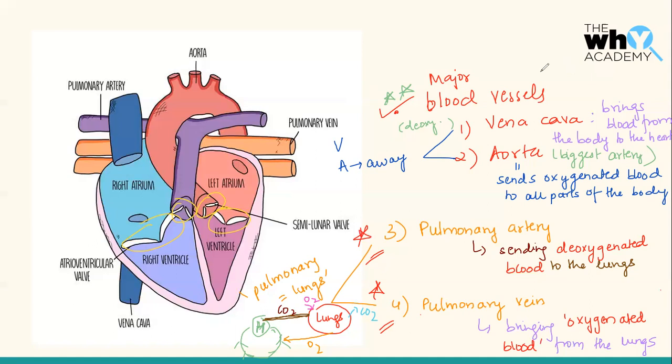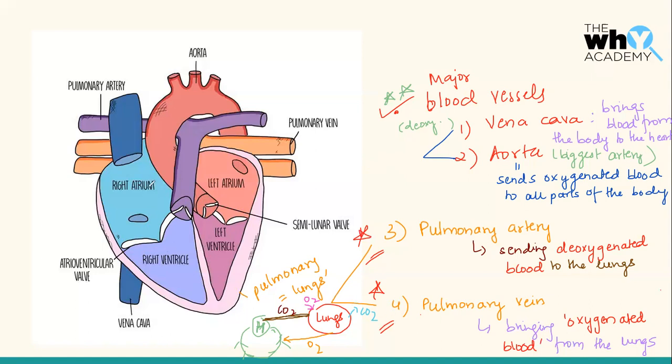Ma'am, when the deoxygenated blood comes to the heart from the pulmonary vein, and also from all the veins, how is the carbon dioxide taken from the deoxygenated blood as a gas? So that happens in the lungs. We studied that, right? Oh, from the alveoli.